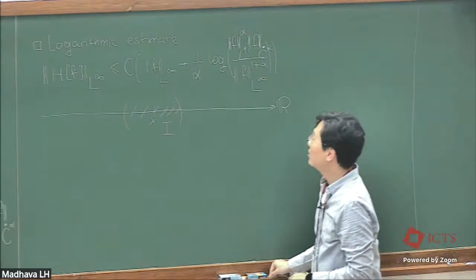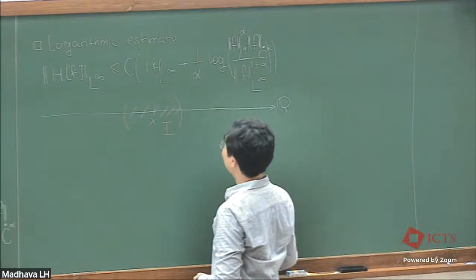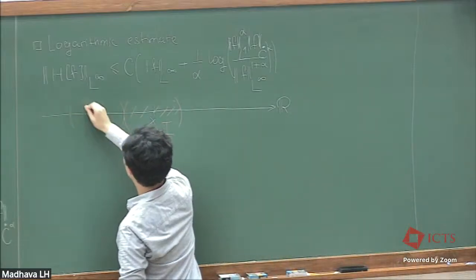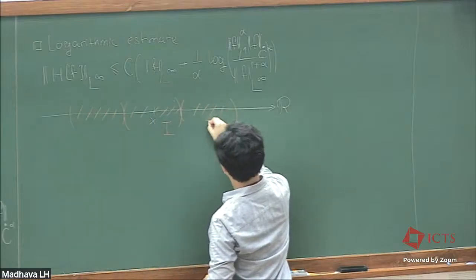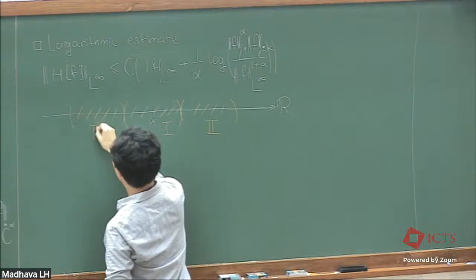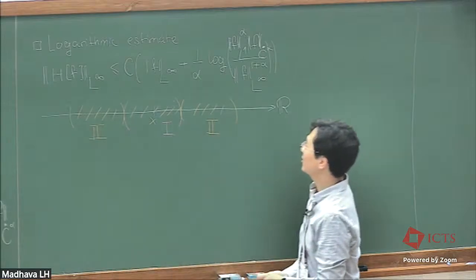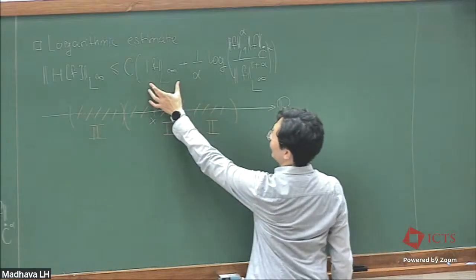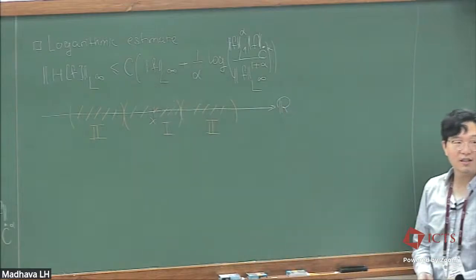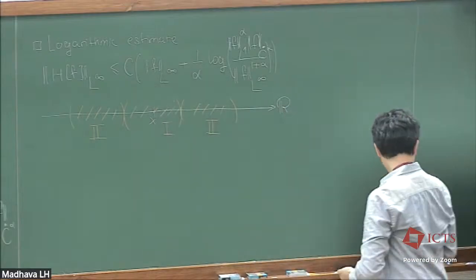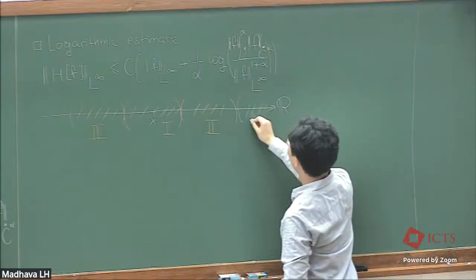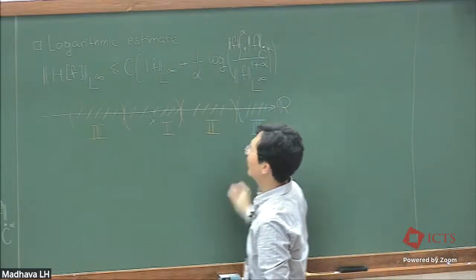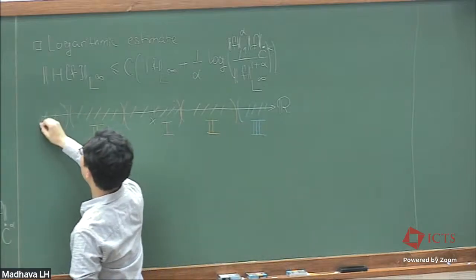And there is an intermediate region, say 2, where we are just going to use that f is bounded. And then there is the final region, where we have to use that f is decaying. So here we can use L1.